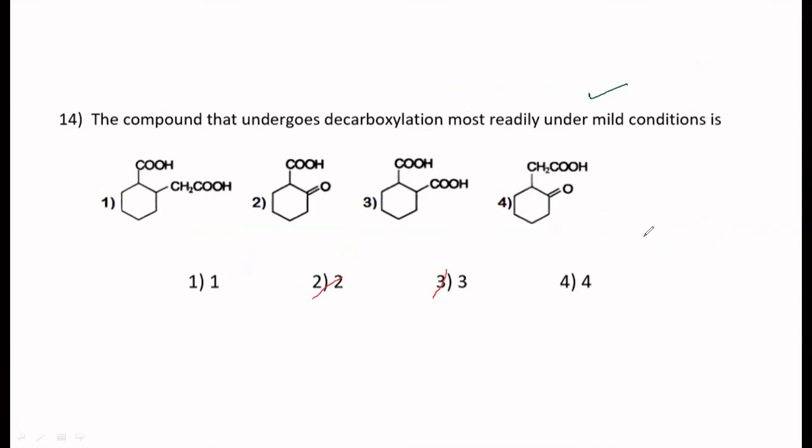If there is any beta keto acid, any electron withdrawing group, this is the beta keto acid, isn't it? Option 2, that's correct.